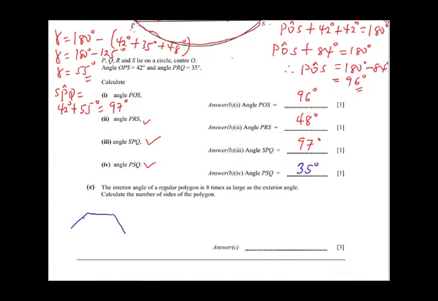This angle here will be my interior angle I. And if I extend this outward like this, the angle here will be my exterior angle E. Remember that. Very simple.